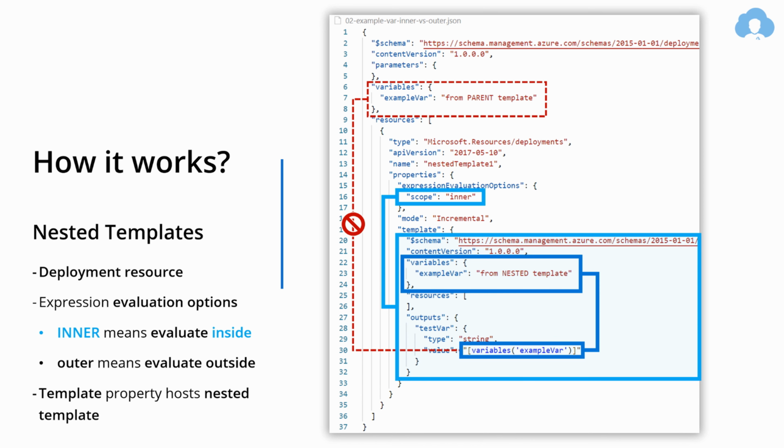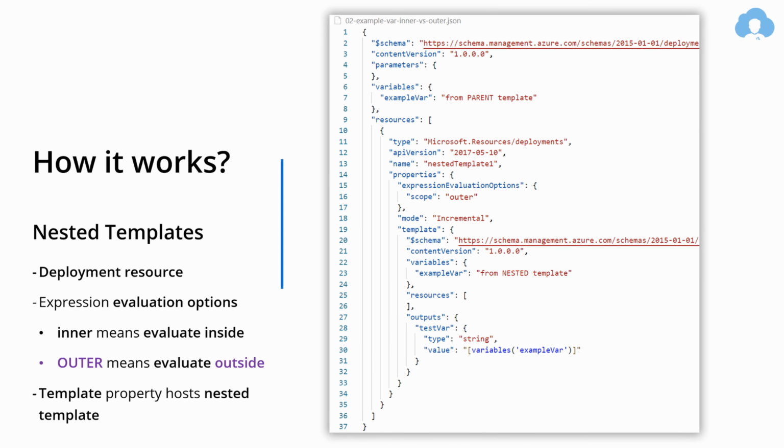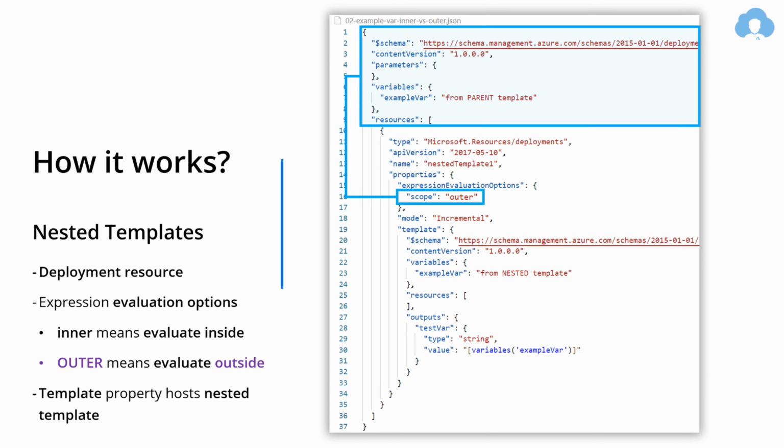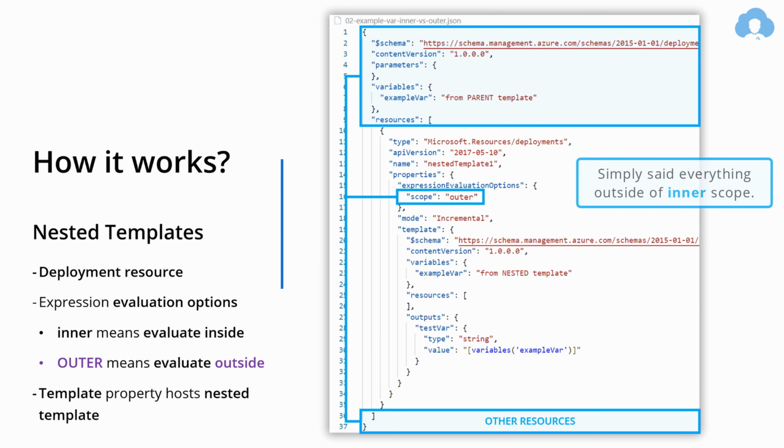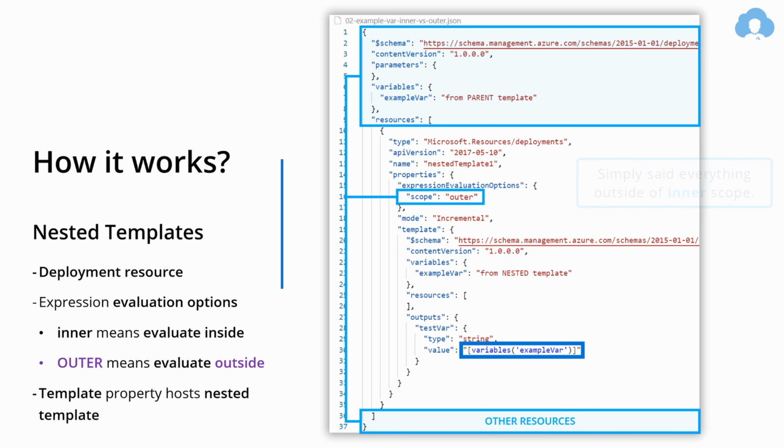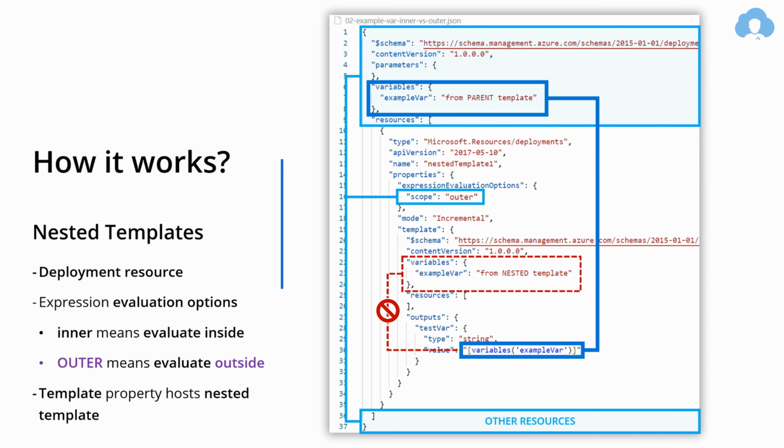But also, if you have an outer scope, that means everything evaluated in the top section, which is the parameters and variables, or in the other resources, can be used within your nested template. In which case, by using the same template but still calling the variables function and calling for the example value, you no longer refer to the variable within that template, you actually refer to the variable in the scope of the parent template.